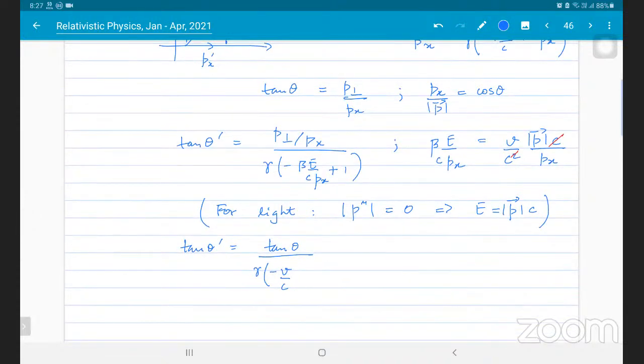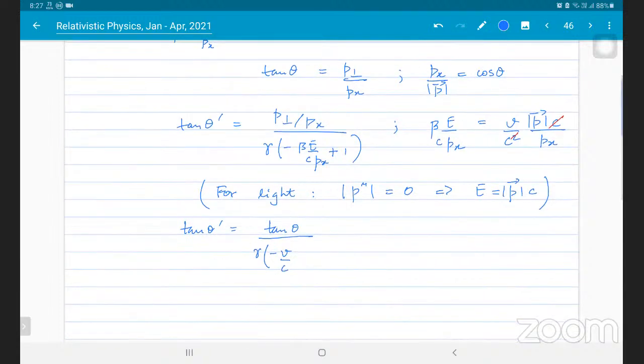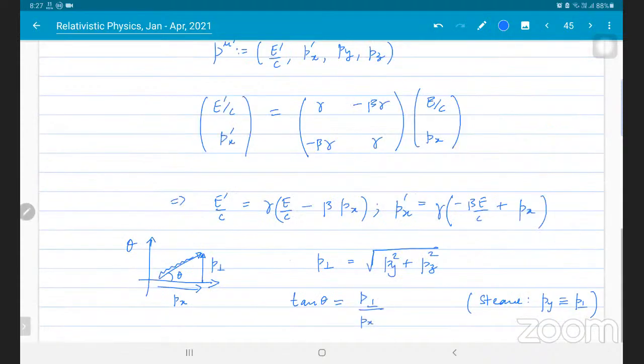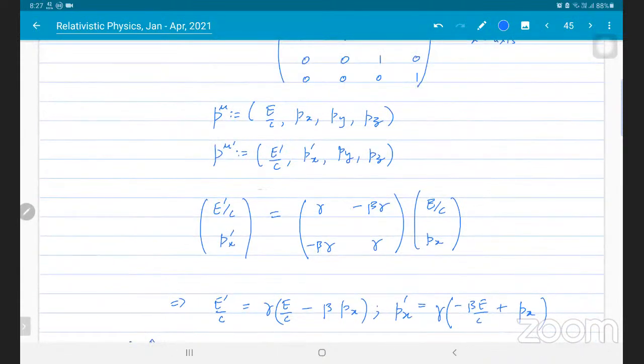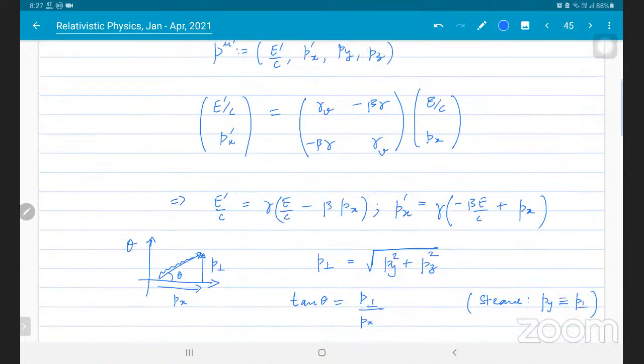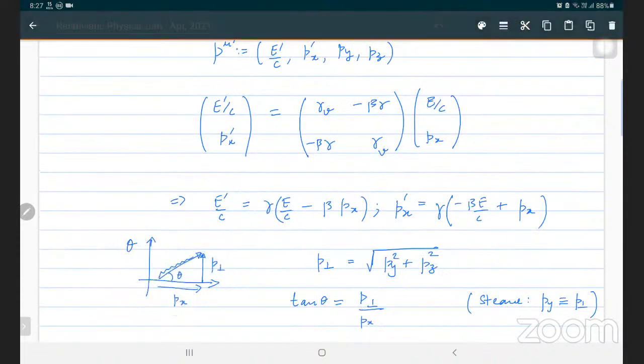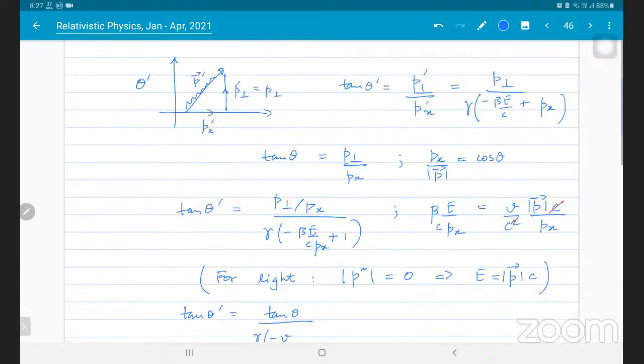Right. And now we have to be careful about one thing, which I've not been careful about: this boost corresponds to some velocity V. What is this velocity V? It's the velocity of the O frame as seen by the O prime frame. So that's what this is.